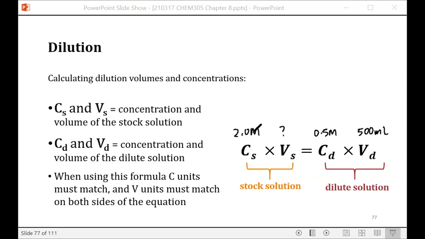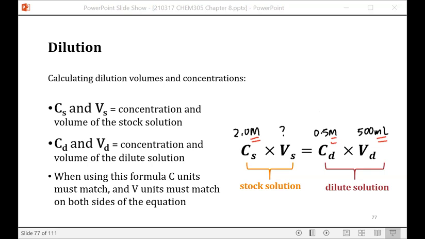You have to make sure that your units on both sides are the same, so that when you rearrange this equation to solve for your unknown, all of your units cancel out except for the one you want to solve for. So your concentration units need to be in the same unit. In this example, they're both in molarity, and your volume units need to be in the same units. If I have milliliters on one side, when I solve for volume on the other side, I'm going to be solving for volume units in milliliters.